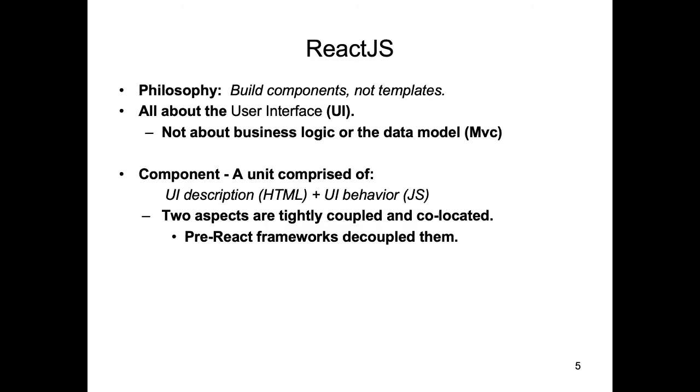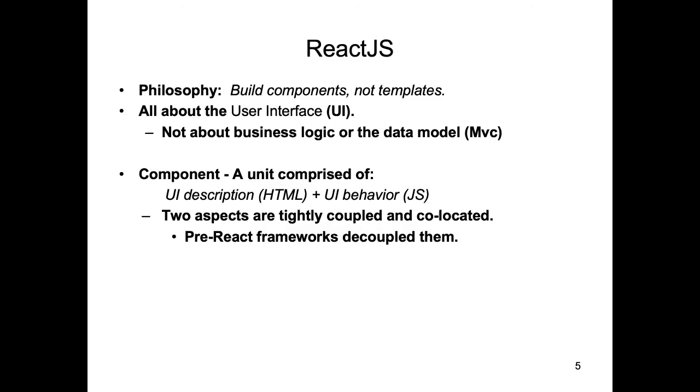and the UI's behavior. Now, by the UI's description, we simply mean HTML. That hasn't changed. That's still the language of expressing how our user interface looks in terms of layout, etc. How the UI behaves, well, we're going to implement behavior in JavaScript, obviously. Okay, so those two elements make up a component.